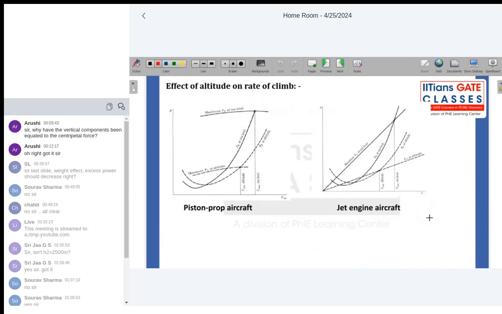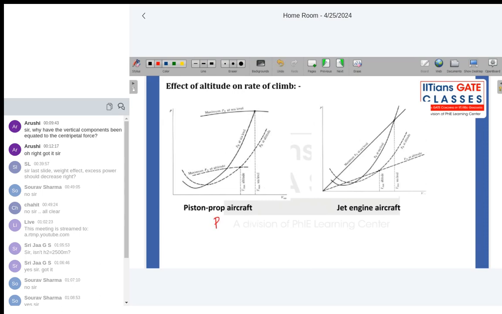Now we'll see what is the effect of altitude on rate of climb. If you see, this is the power available at sea level. This is the power required at sea level. As altitude increases, your power available decreases.